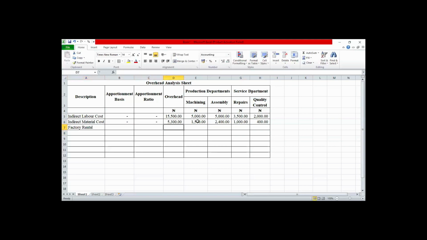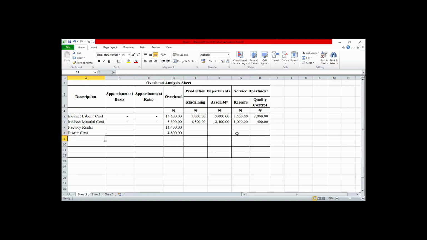The next one, power cost. We have 4,800 for power. 4,800, 4,000.